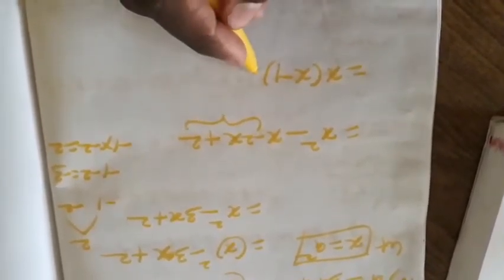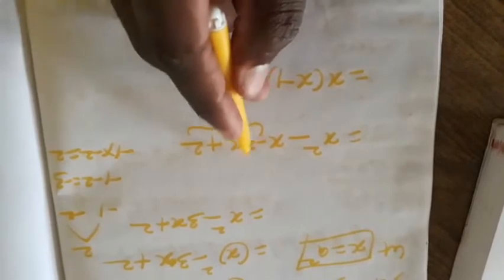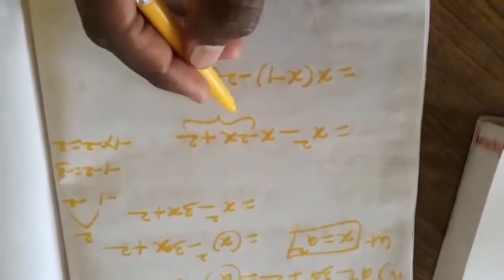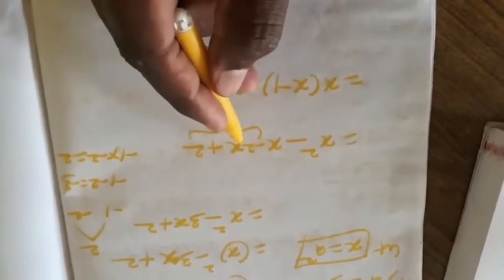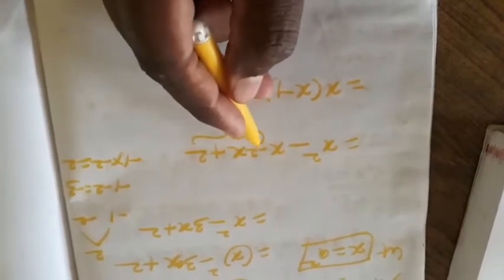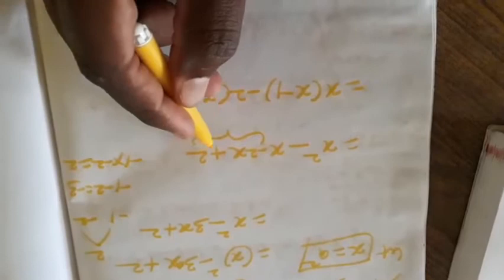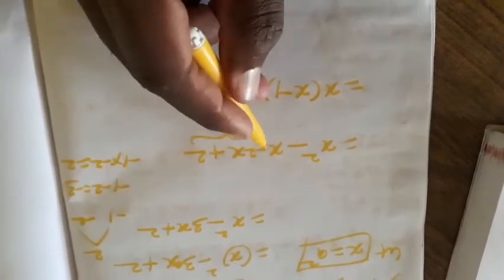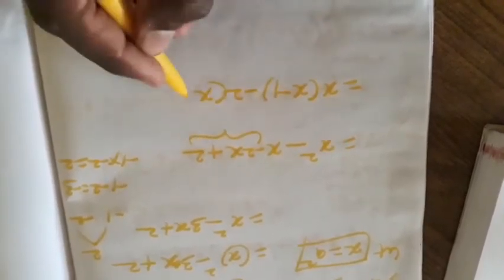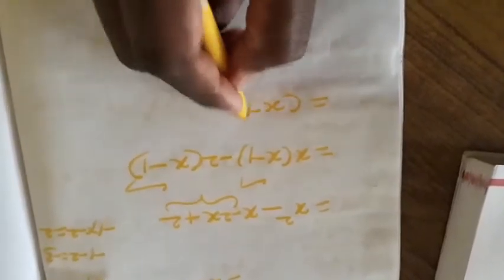In the last two terms, minus 2 is common; taking it outside, the signs change inside the bracket, giving x minus 1. Now x minus 1 is common in both terms, so we get x minus 1 into x minus 2.